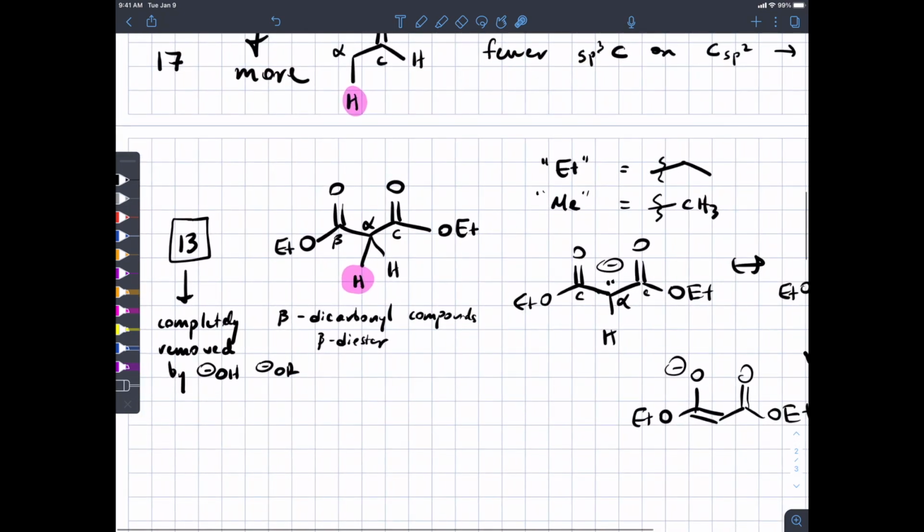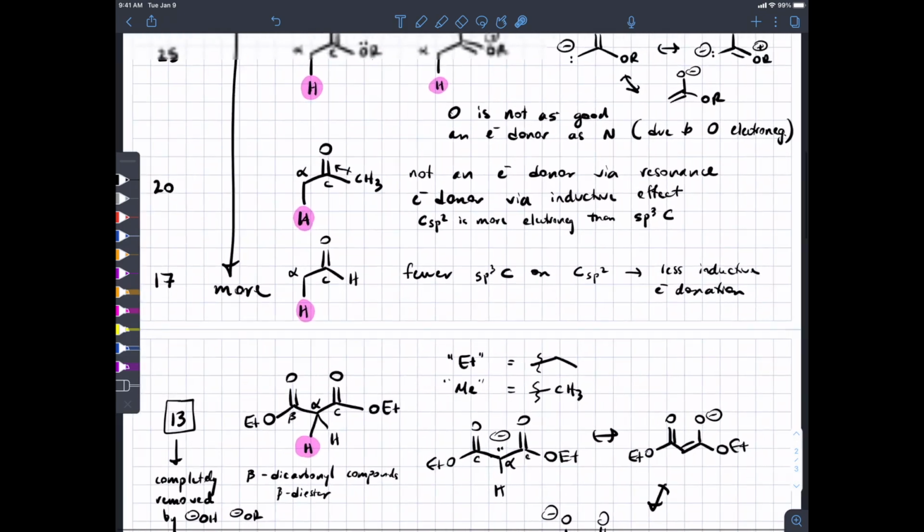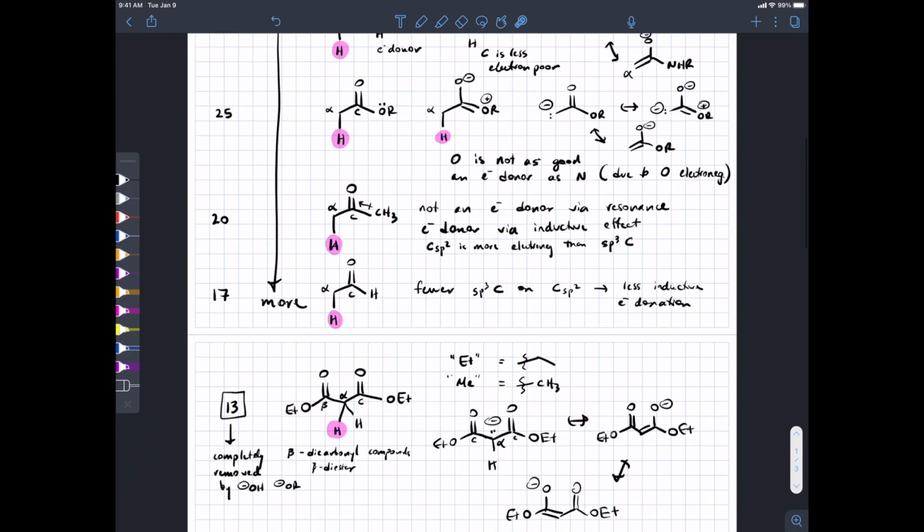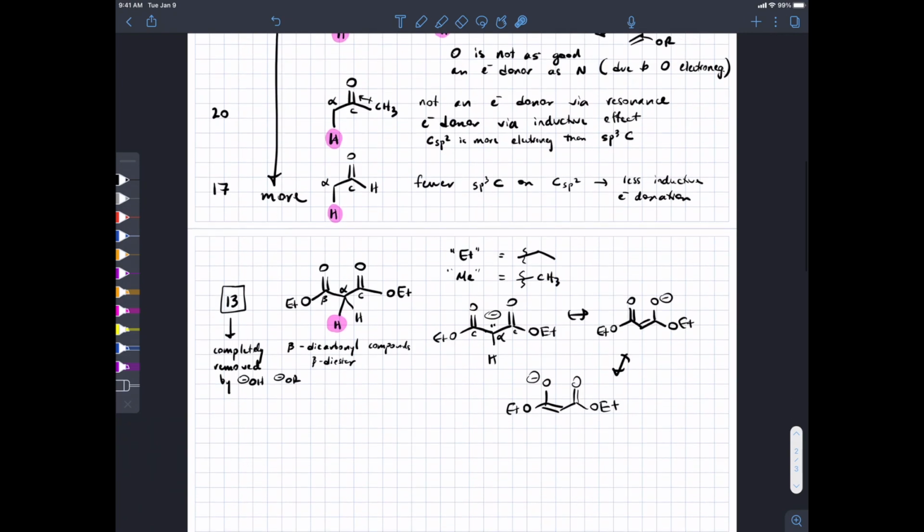We've thought of these, I think, before as relatively strong bases, but for the carbonyl compounds we've talked about previously with pKa's of this sort of nature, we're going to need a base that's quite a bit stronger than hydroxide or an alkoxide if we want to get complete enolate deprotonation. So this just gives you a sense for how acidic it is when you have the two carbonyls beta to each other.